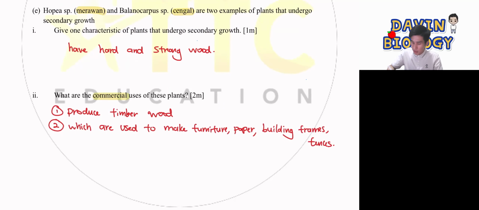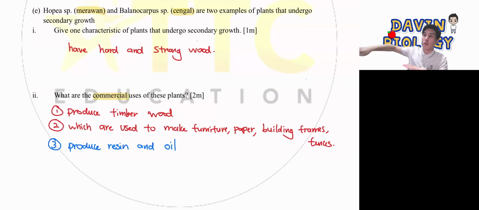And the second one is resin and oil. Some woody plants, not all, inside their stem got liquid, got sap inside. So that one is called resin and oil. Resin is usually used to make varnish, to make your wooden floor more shiny, and used for art and craft.